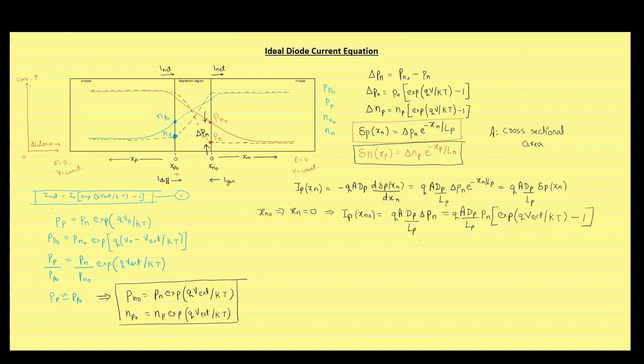By a similar analysis, the injection of electrons into the p-type region leads to an electron current at the junction, which is equal to.